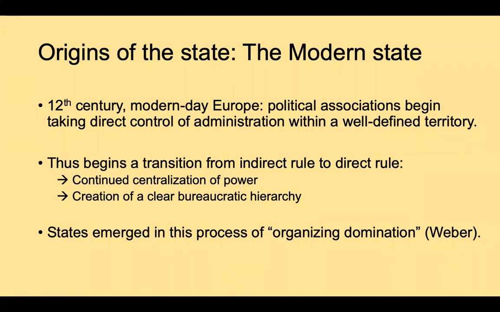Now, this was a process that took hundreds and hundreds of years, but the key characteristic of the process was the transition from indirect to direct rule through the establishment of direct control, the centralization of power, the creation of a hierarchy and a bureaucracy, and then the organization of control within this territory.